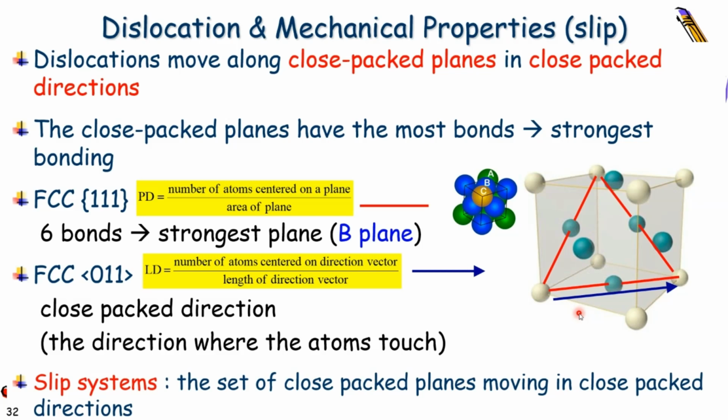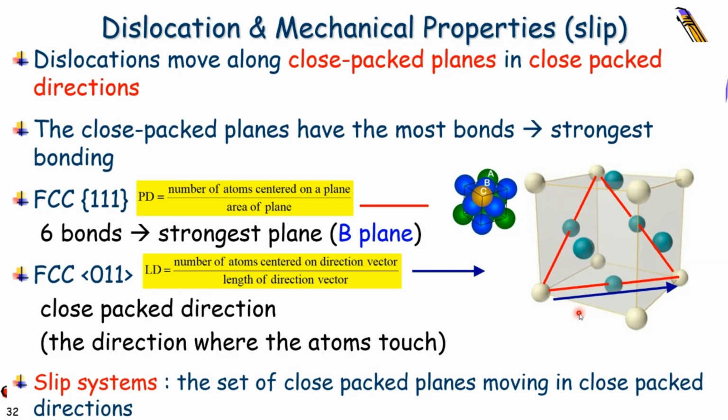If I want to move these two planes, this can move like this all the way, right? But for a crystal, you need to move along close-packed planes, and they only have a few directions which are easier for you to move. For example, if it's easier to move in this direction, that means this is the close-packed direction, or this is the close-packed direction. That doesn't mean you can move it around like this.